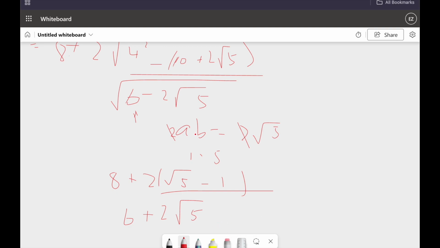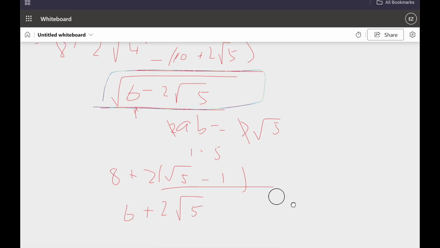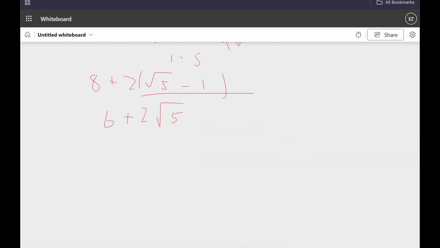And since it's really similar to this one, we know it should also be square root of 5 and 1. By some adjustment, we obtain that this is equal to square root of 5 plus 1, squared.